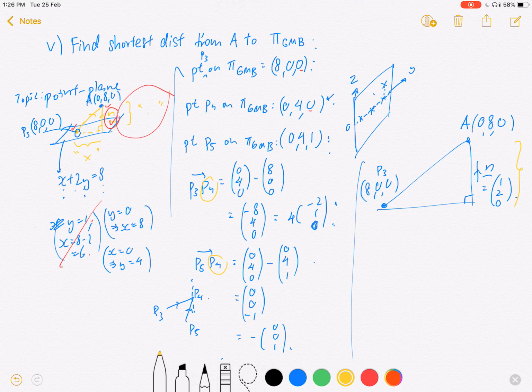OMA minus OP3 dot unit vector of n. This one over here is just a number. I can just bring it outside the whole modulus.